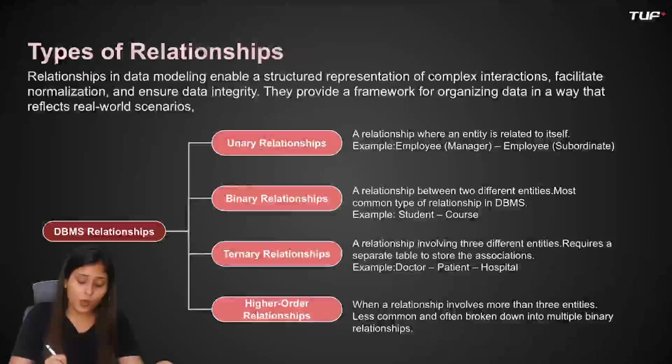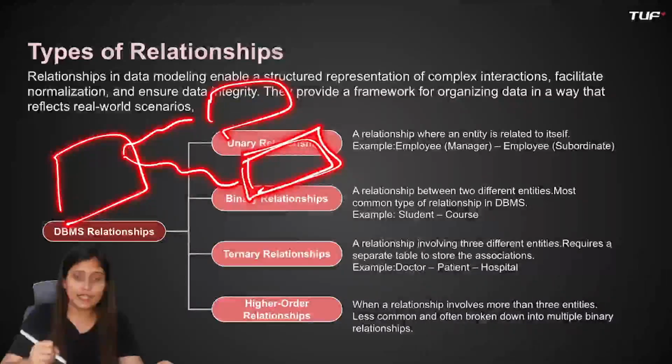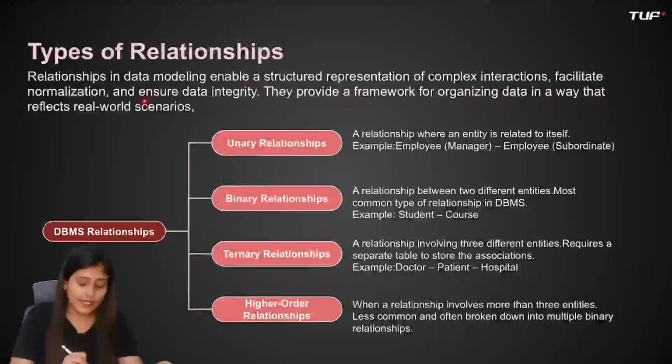So basically for complex interactions we need a relationship. It also facilitates normalization. Normalization is basically to break down the complex table into smaller tables to make it more simplified and ensure data integrity.